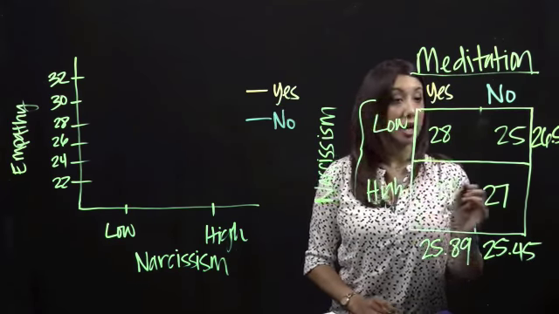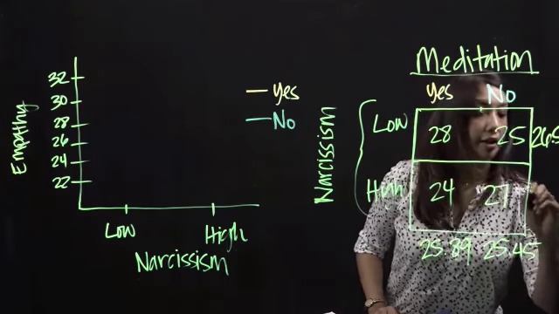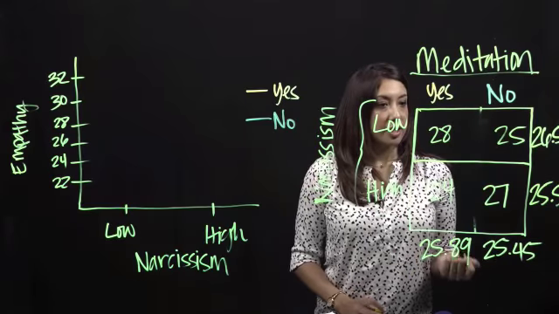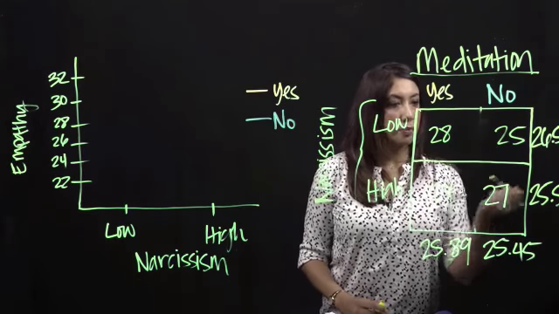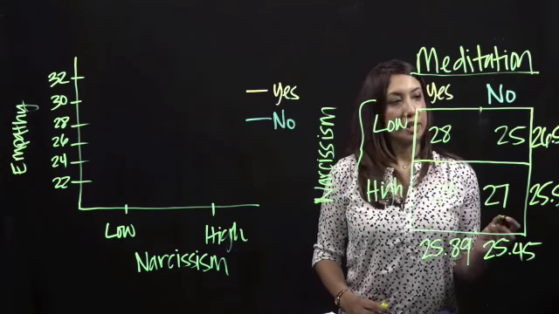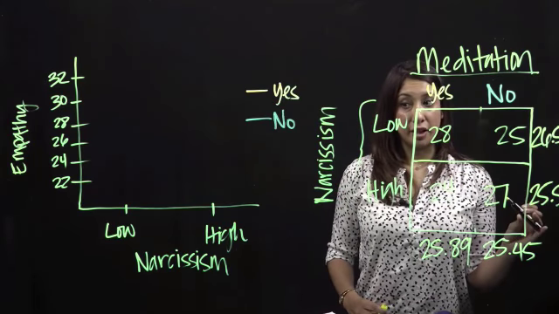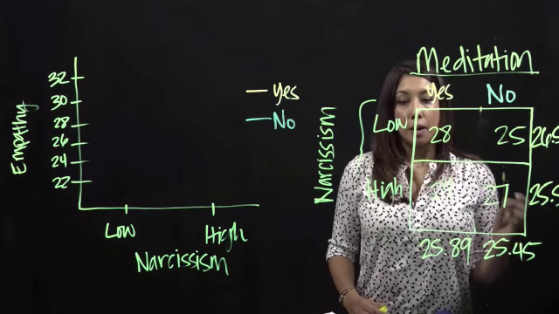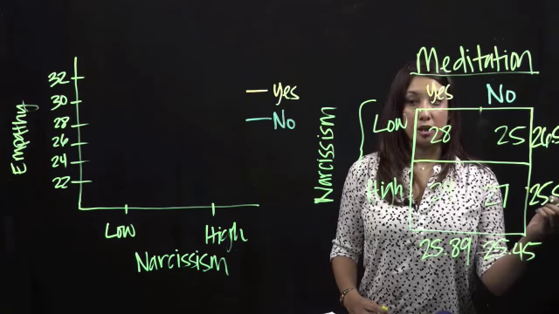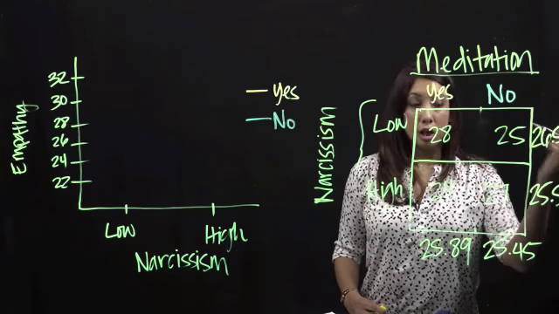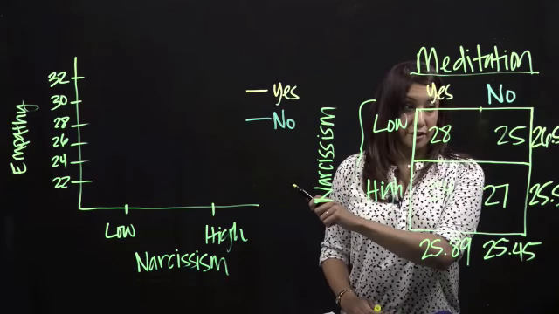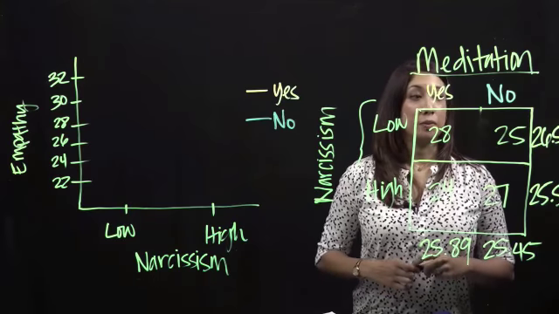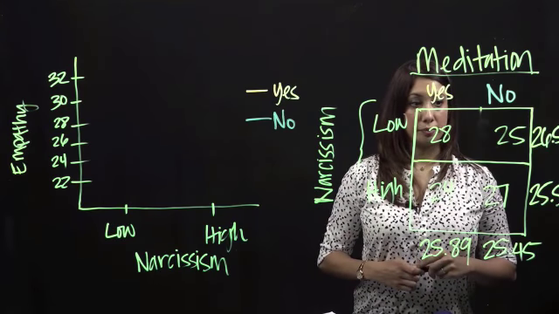And for people who are high in narcissism, we have 25.5. So this is a case where the means look pretty different. And actually, we have a main effect of narcissism. So what this means is that people who are high in narcissism are different than people who are low in narcissism on our empathy variable. Like people who are high are actually less empathetic than people who are low in narcissism.